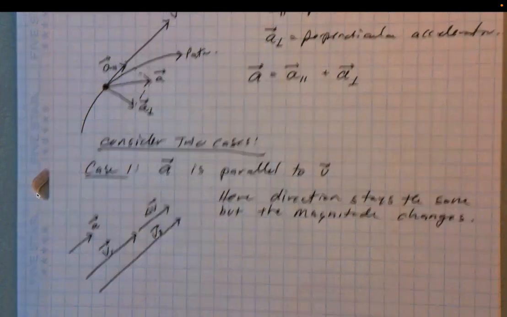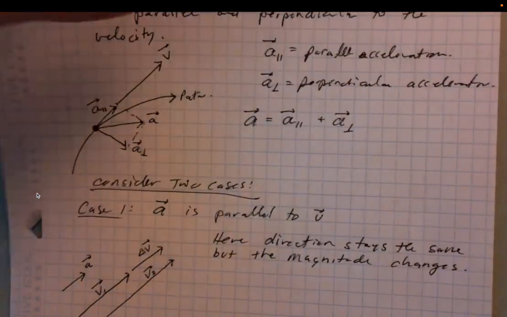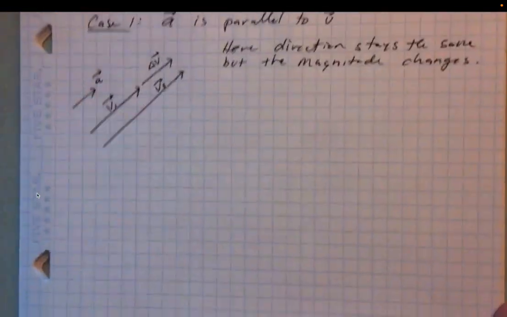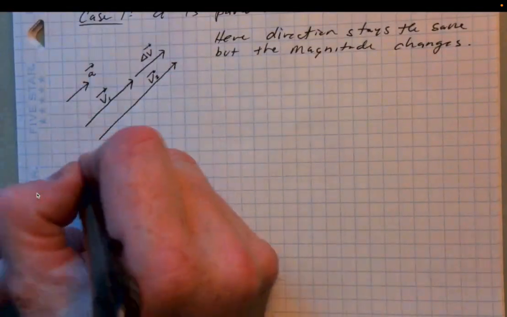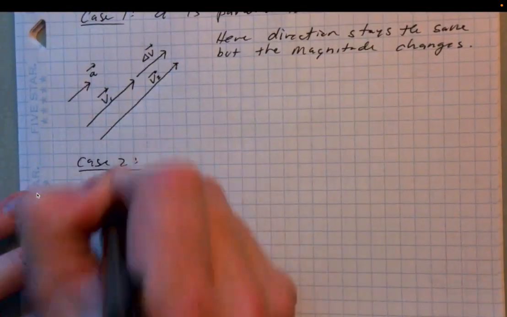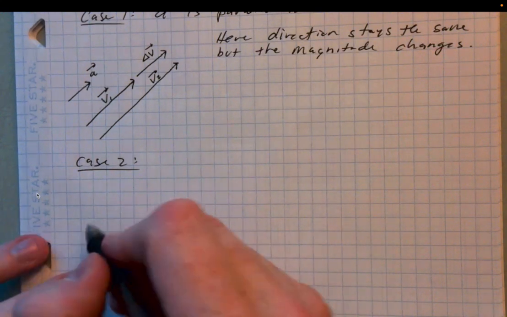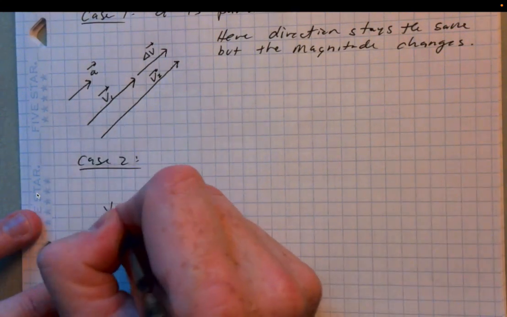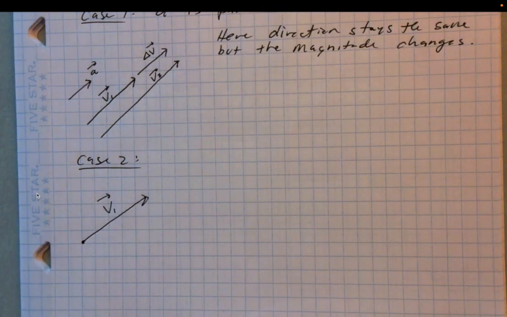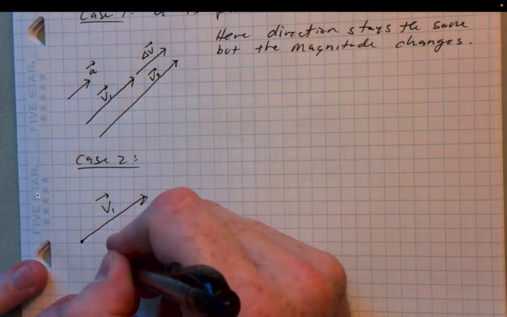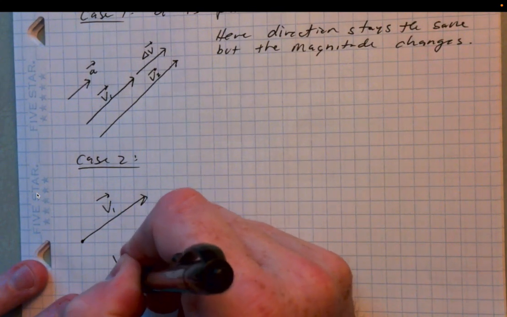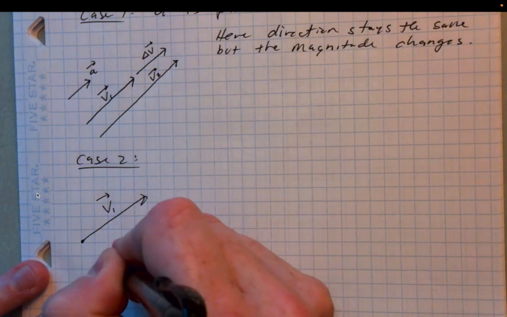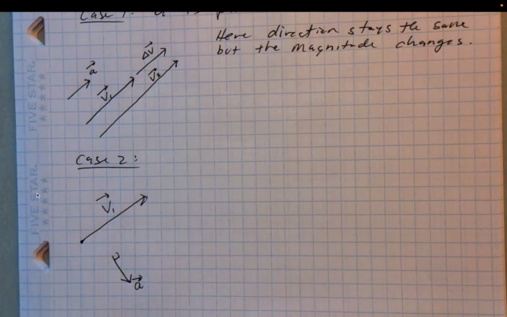Case two is the case that nobody ever thinks of in a naive way, if you're not in physics class. Case two says what? Well, in case two, I start with some velocity, and my acceleration is perpendicular to the velocity.